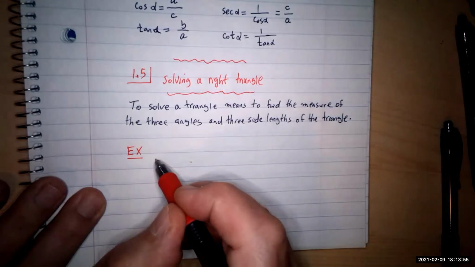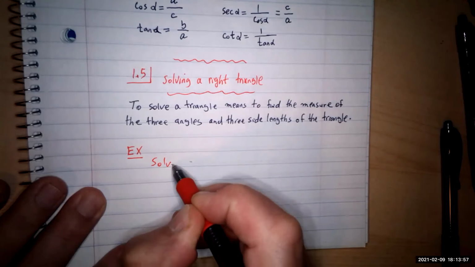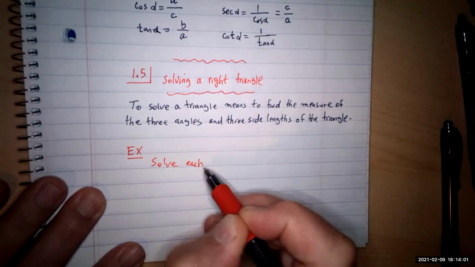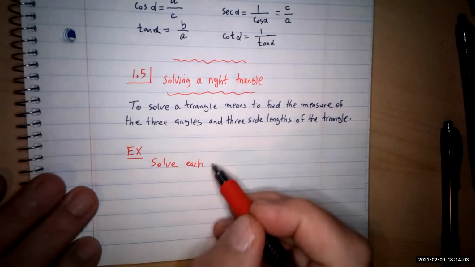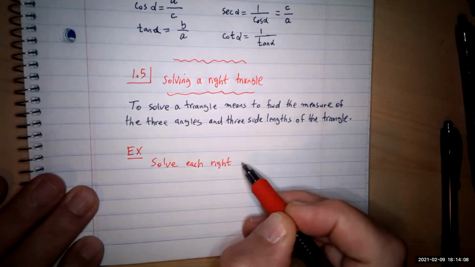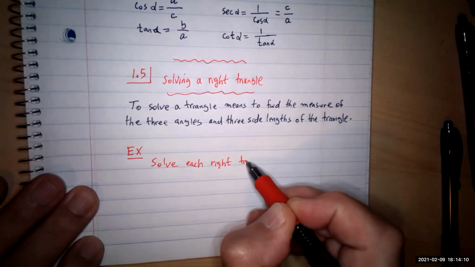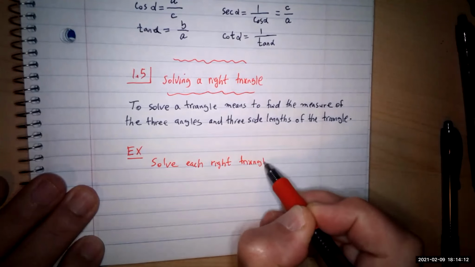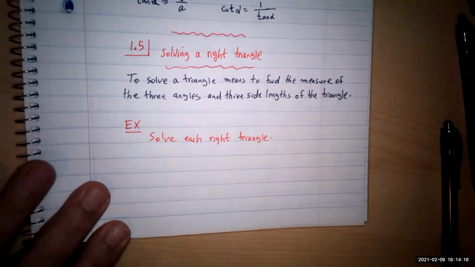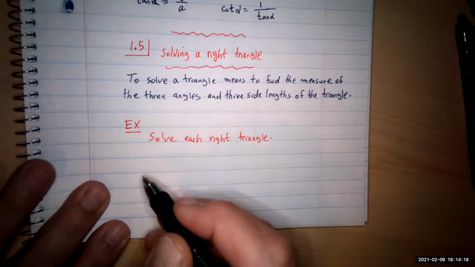So the example is, we would like you to solve each right triangle. We give you one question, but two cases for the quiz, and then we repeat it again on your next test number 1. So we are going to see case 1.